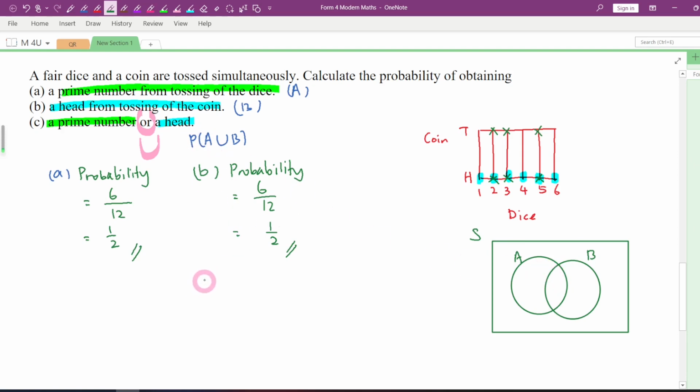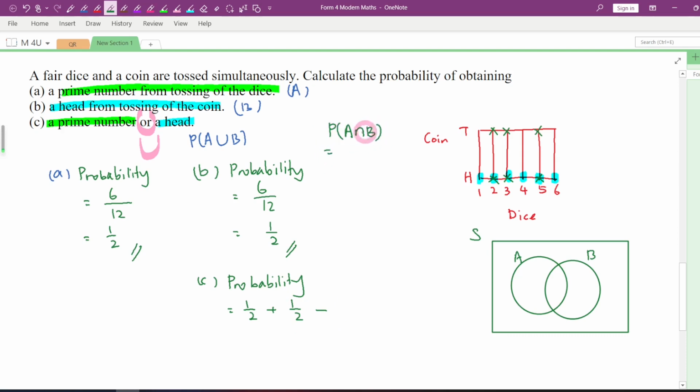So for part C, if you want to find the probability of getting a prime number or a head, it will be this one plus this, but we need to minus P, probability of getting A intersection B.